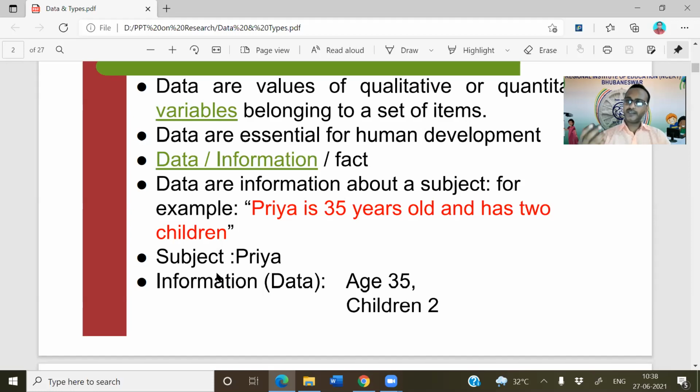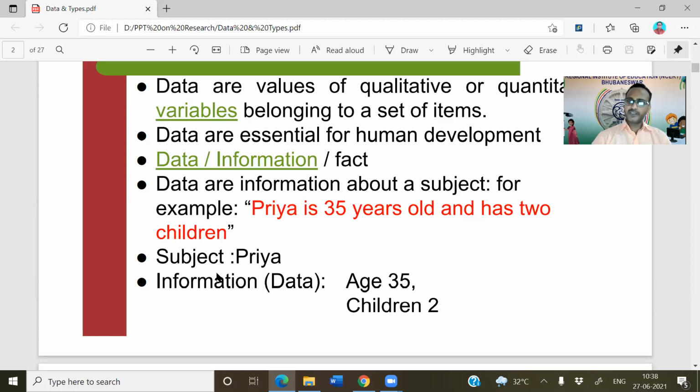Here, if you ask me what is the variable, here age is the variable. What is the age of Priya? Now Priya is 35 years old. How many children does Priya have? Two children. So therefore, always when you talk about data, we cannot forget about variable, because we collect data or information about a particular variable.